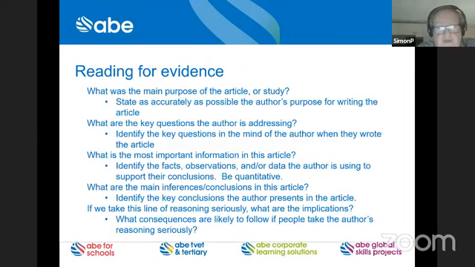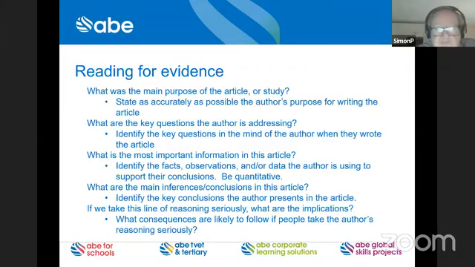What's the most important information? So what are the data sources that a practitioner or an article writer is aiming to base their findings on? So facts, observations, data, and the quantitativeness of the data is going to be a key factor in its reliability.